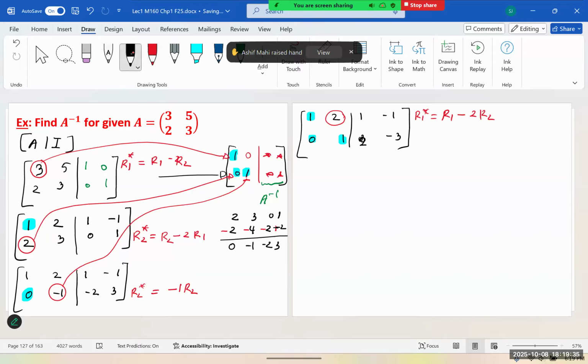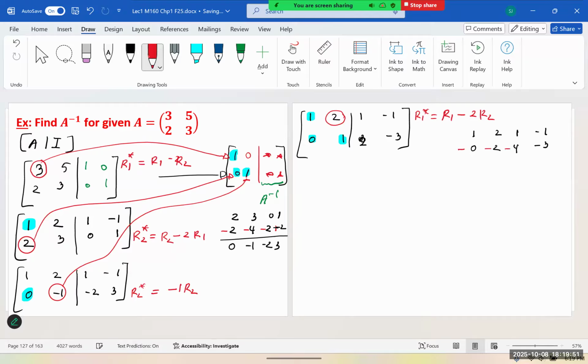Perfect. So if you want to see the row operation, we have 1, 2, 1, -1, and 2 row 2 is 0, 2, 4, -3. When you're subtracting, all the signs will change. So we get 1 minus 0, 1, 0, -3, and +2. So we have 1, 0, -3, 2, 0, 1, 2, -3.